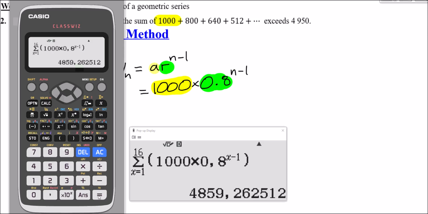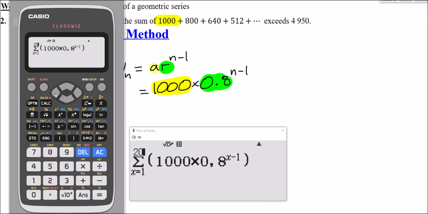Well, press equals. We're not at 4,950 yet, so we need to increase it. Let's try maybe 18. No, getting closer, but still not there. Will 20 terms be enough? Not quite with 20.